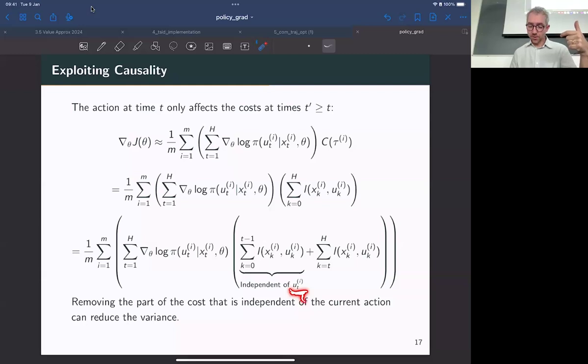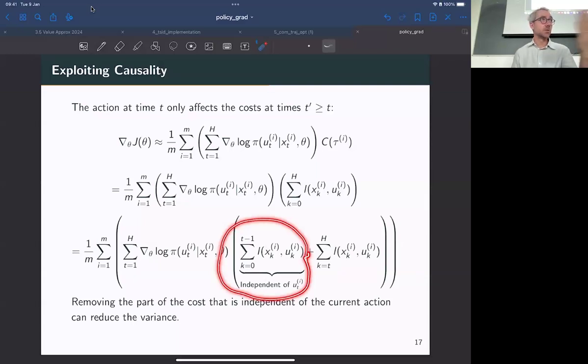So if I use this part of the cost for modifying the probability of that action, on average, that probability is going to be sometimes increased, sometimes decreased, but on average, it's going to remain unchanged because it has no relationship with that. And so actually this part of the cost to go is just adding noise to my gradient estimate.